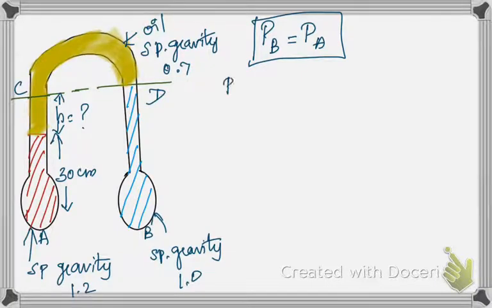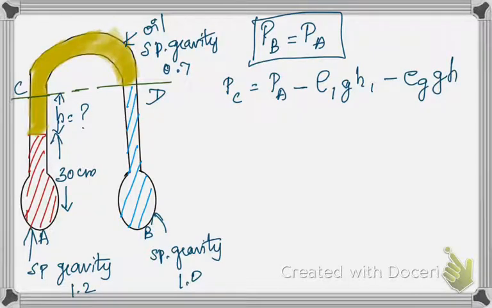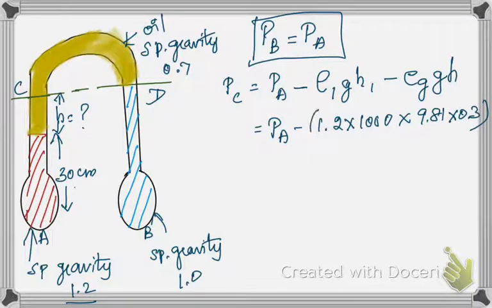Pressure at C, that is the pressure below the datum line in the left limb, will be equal to PA minus rho 1 g h1 minus rho g h. So here, PA minus rho 1, where specific gravity is 1.2, so 1.2 into 1000 into 9.81, and my h1 is 30 centimeter, which is going to be 0.3.